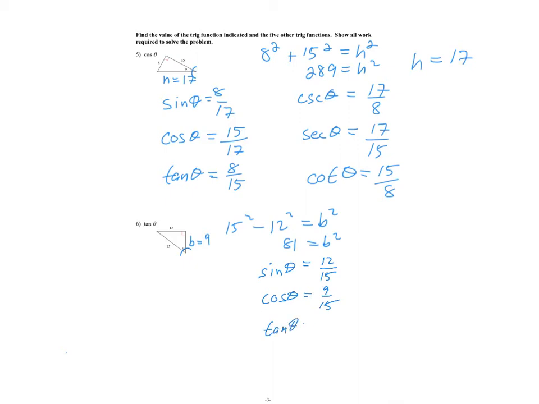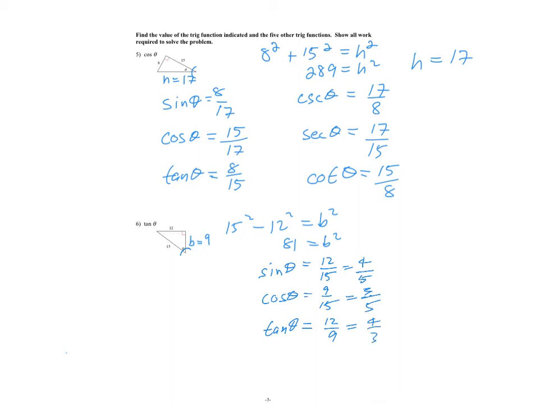And tangent theta is equal to the opposite 12 over the adjacent 9. Okay, these both have a common factor of 3, so 3 times 4 is 12, and 3 times 5 is 15. Here, this is going to reduce to 3/5, and this is going to reduce to 4/3.